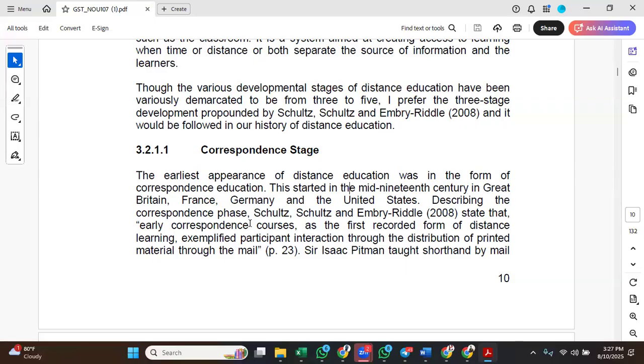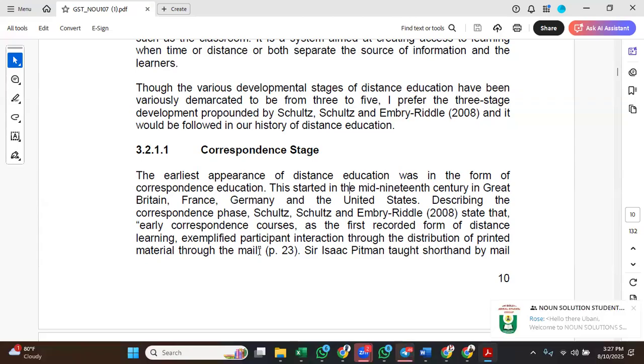Describing the correspondence phase, Schultz and Embry-Riddle 2008 state that early correspondence courses, as the first recorded form of distance learning, exemplified participant interaction through the distribution of printed materials through the mail. Which means when this distance education started, the only way you as the learner, the receiver, could participate was through printed materials.